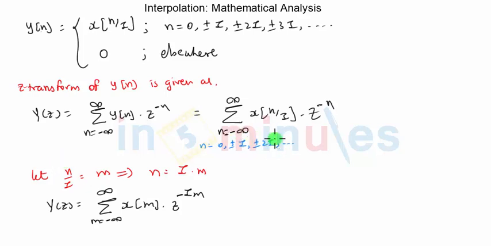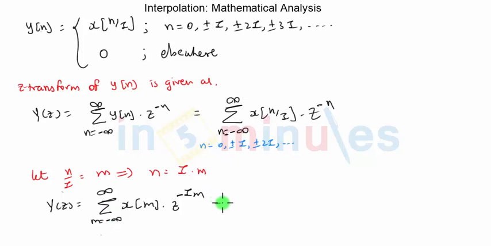When n is taking the value of plus minus 2i, m will be plus minus 2. So n was taking values like 0, I, 2i, 3i, but because we are dividing n by I, m will take the values of 0, plus minus 1, plus minus 2, plus minus 3, and hence it will take all the possible integer values. So we are not mentioning anything else apart from the range of m.